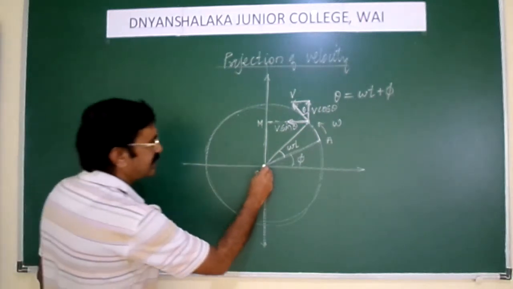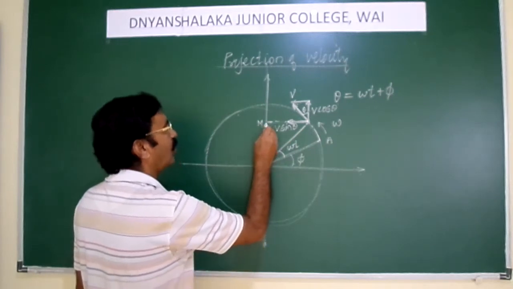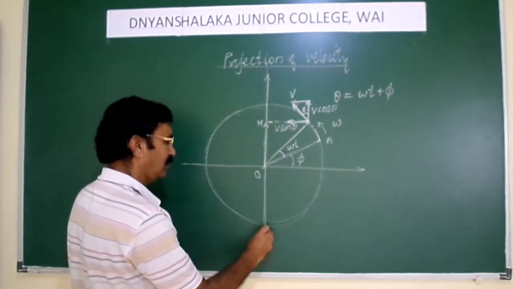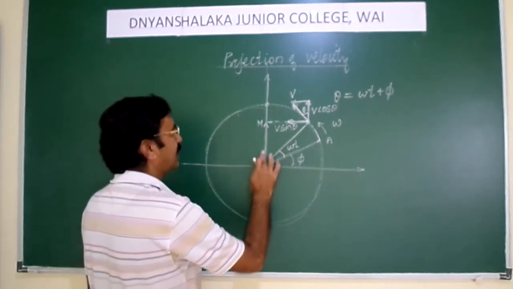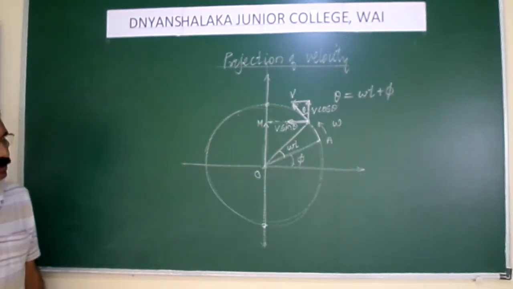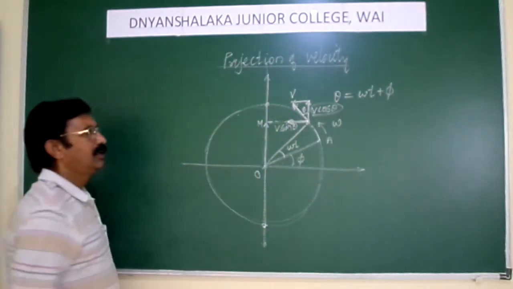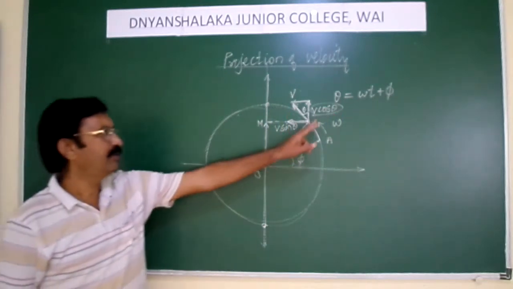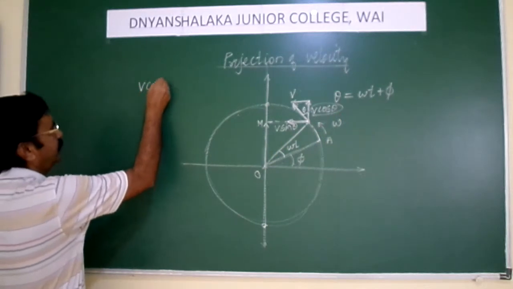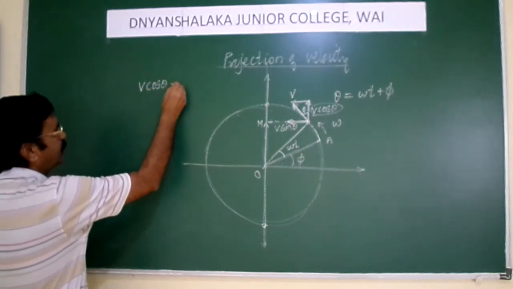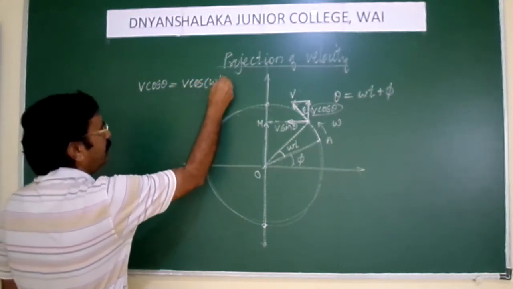So v cos theta is the velocity which takes the particle along the y-axis so as to perform the projection as simple harmonic motion. And so the velocity in the simple harmonic motion will be v cos theta. So v cos theta can be expressed as v cos of omega t plus phi.